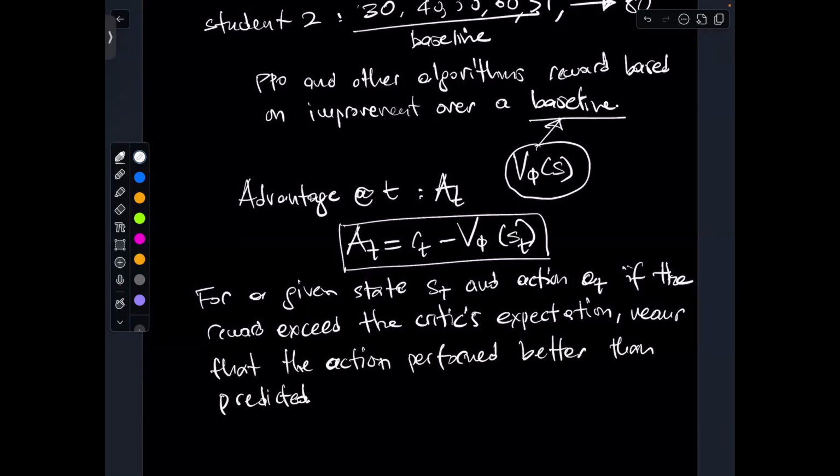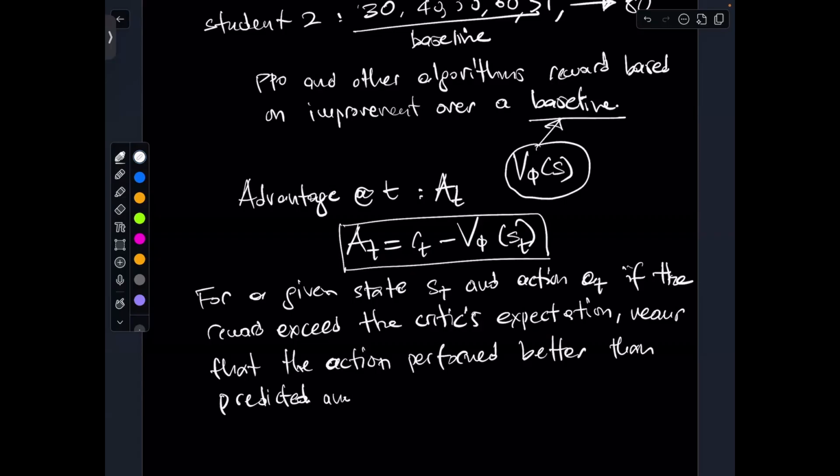Okay, and of course, if it is lower, then it underperformed, and vice versa. So definitely we see that if it is exactly as predicted, this advantage will be zero, obviously.